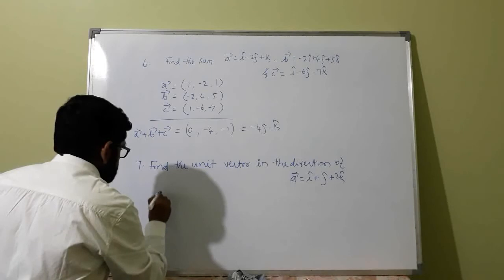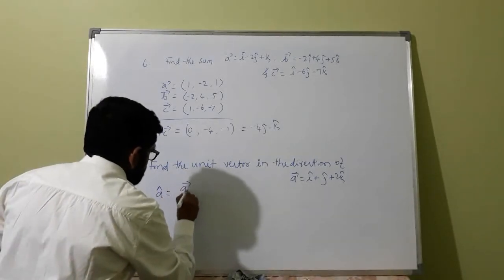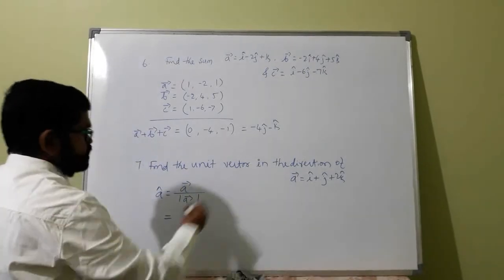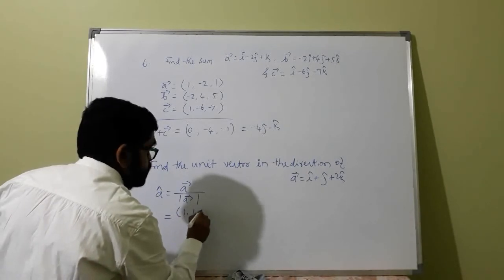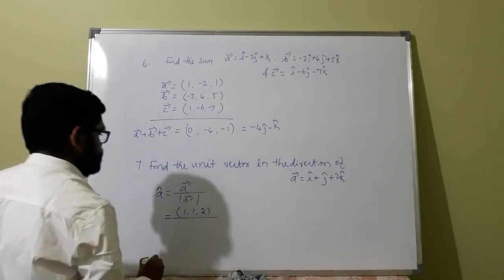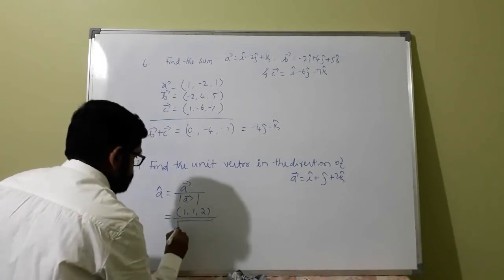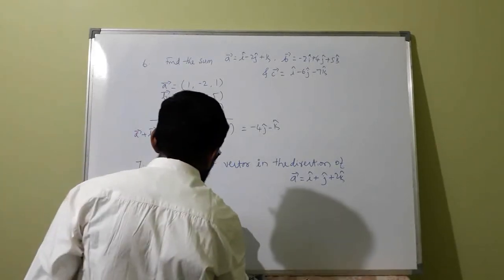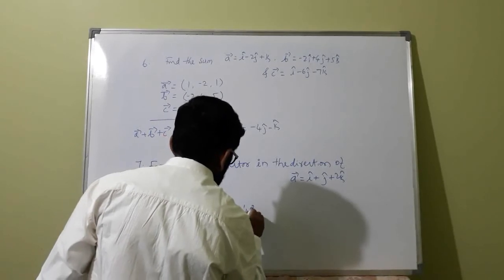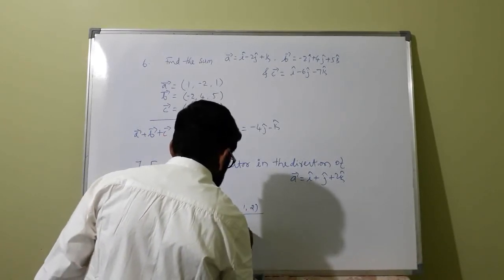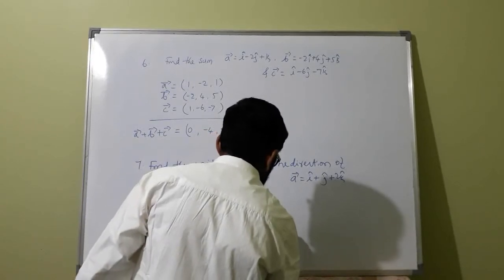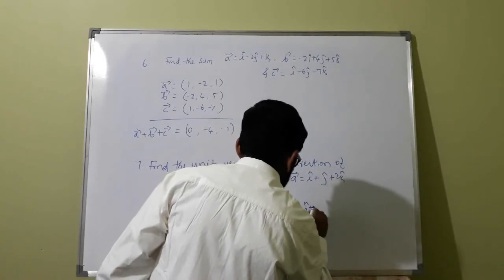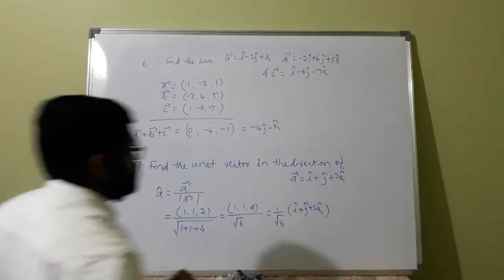Okay, unit vector in the direction of A is vector A divided by magnitude of vector A. So vector A means this one, 1, 1 and 2, whole divided by square root of 1 square plus 1 square plus 4, that is 1, 1, 2 divided by root 6, or this is 1 by root 6 into i cap plus j cap plus 2k. Okay, that is the required answer.